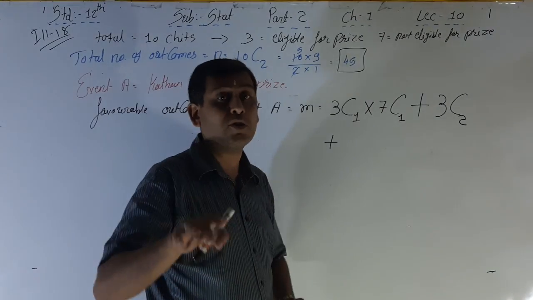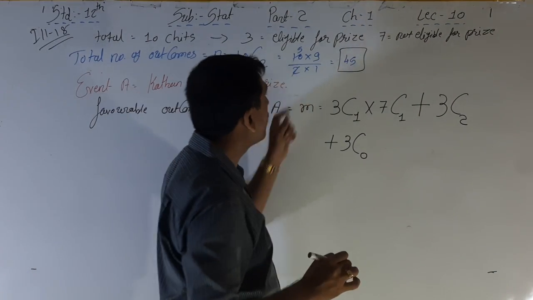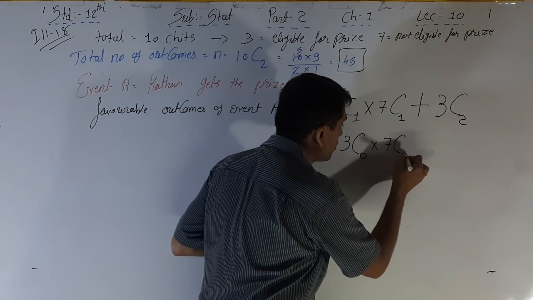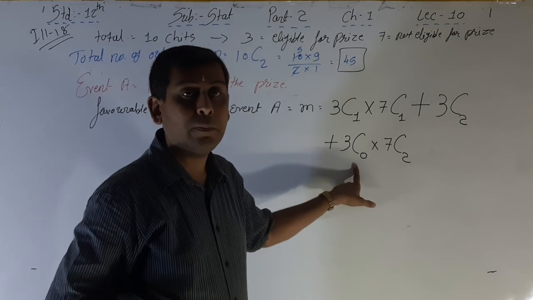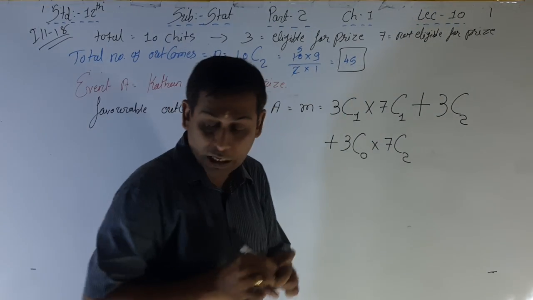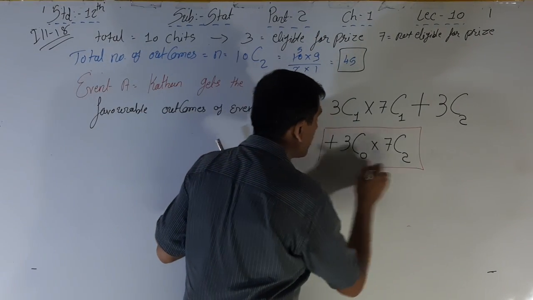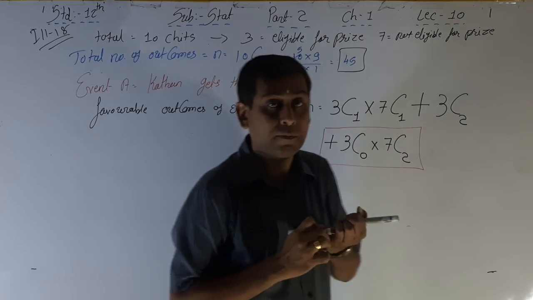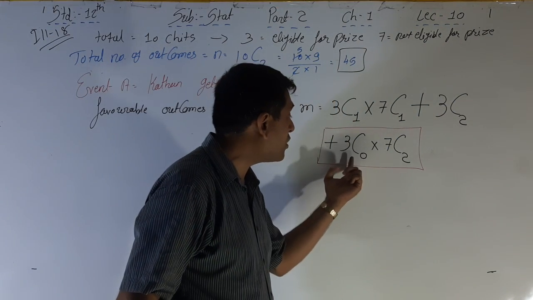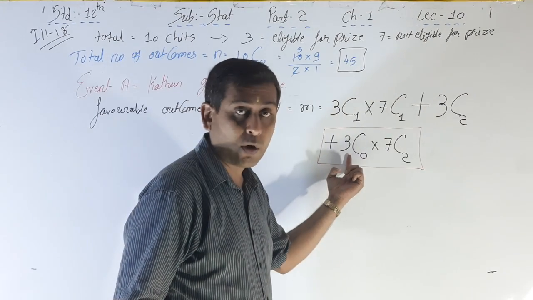Here the third possibility is Kathan selecting 0 cheats from this and all 2 cheats from non-eligible for prize. But in this case, Kathan did not get the prize, because no cheats from eligible for prize.